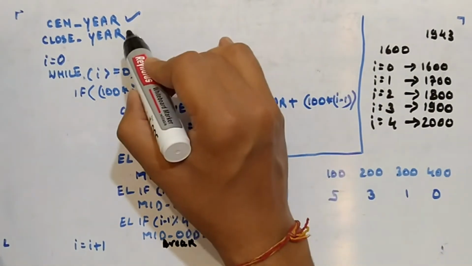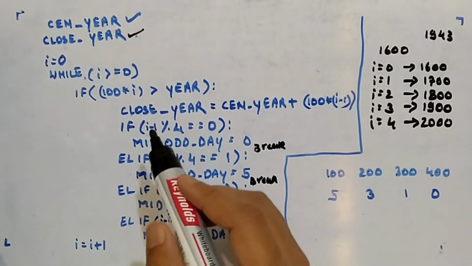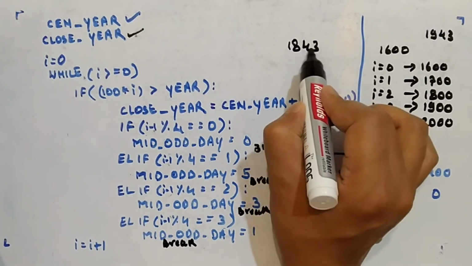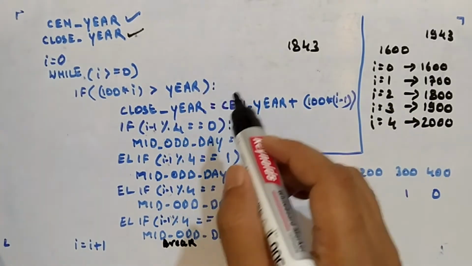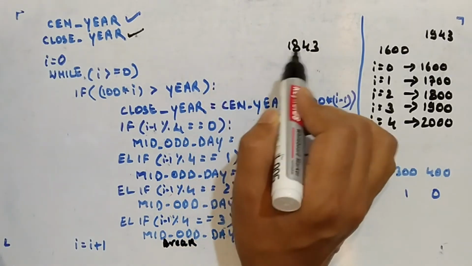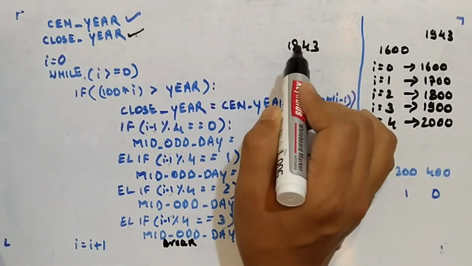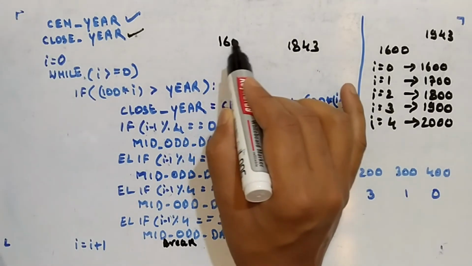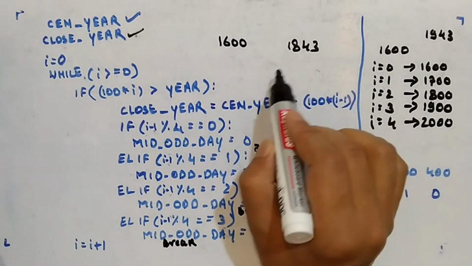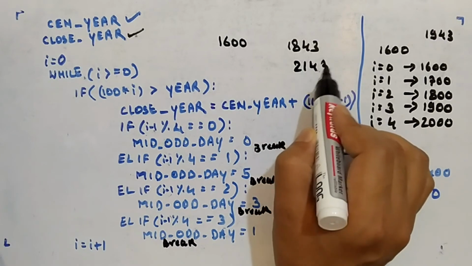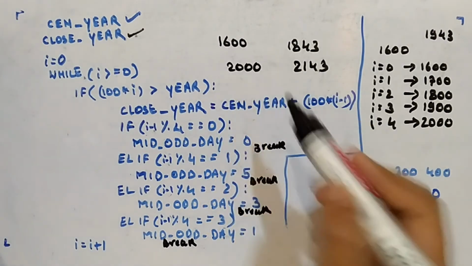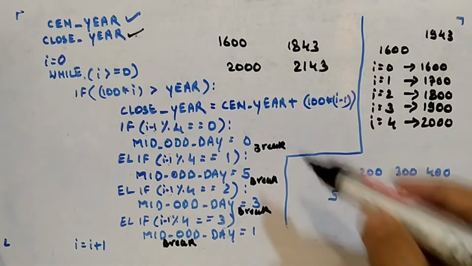So we have found our century year as well as the close year. Let's say you are given 1843. The first step is to find the closest century year which has 0 odd days. So 1600 is the closest one. If I have, let's say, 2143, then the closest century year will be 2000, which has 0 odd days. This is the first step.